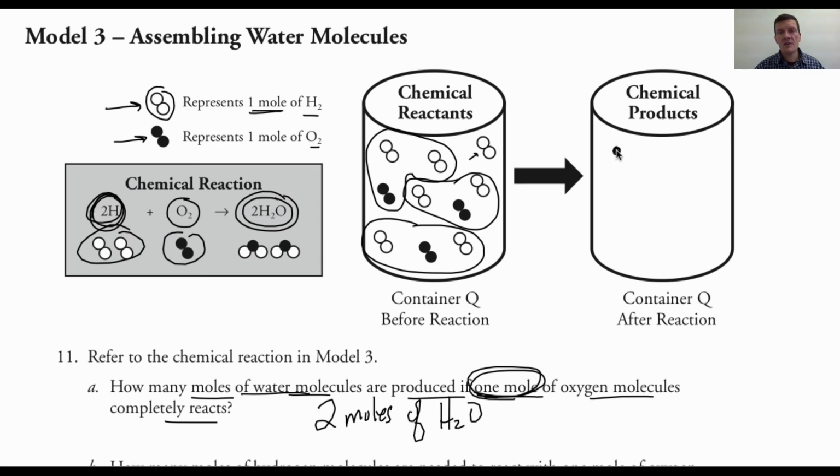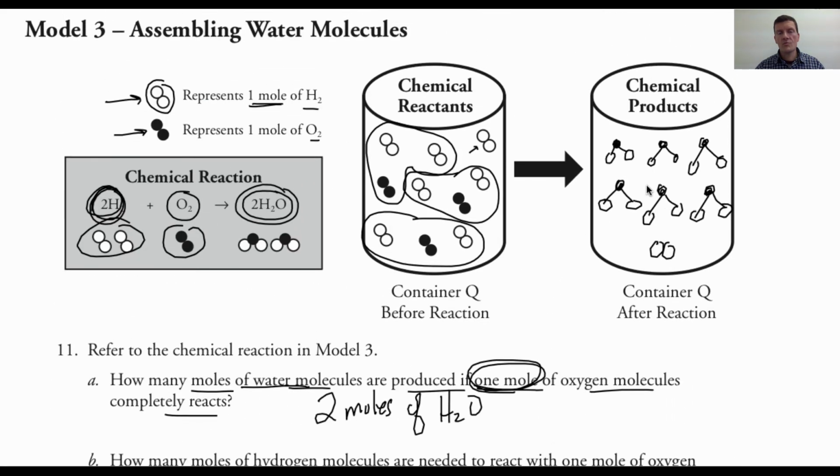So I'm going to have water. I'm going to have another water. How many waters here? For every one of these circled groups, I'm going to be producing 2 waters. That's 2, 4, 6. All right, and then a pair of hydrogens left over. There's your hydrogen molecule left over that did not find anything to react with.